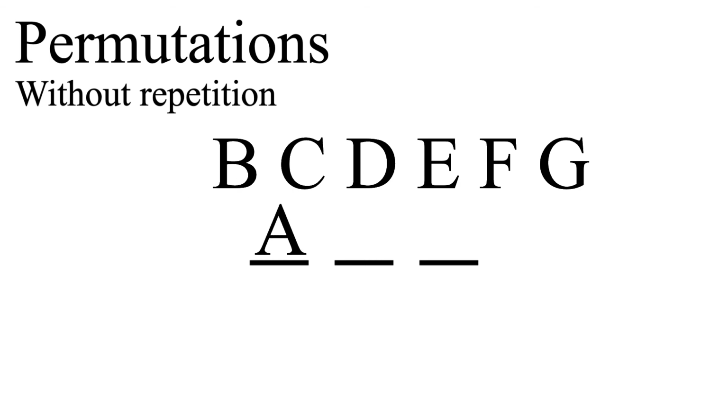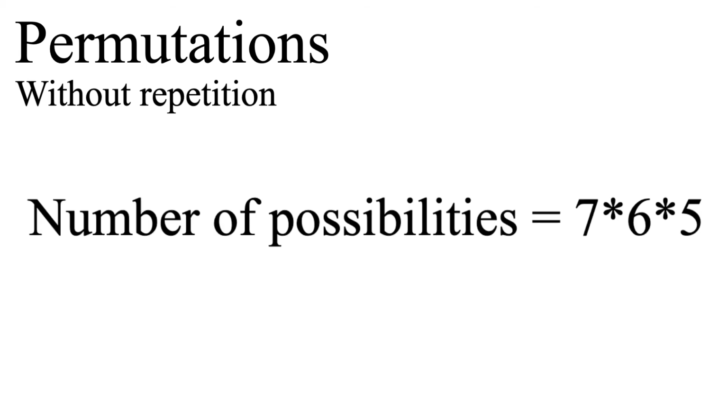The second space can be filled in 6 ways because 1 letter is already being used in the first space. The third space can then be filled in 5 ways since 2 letters are being used in the first and second spaces. So, the number of ways of arranging 3 letters from 7 letters is 7 times 6 times 5, which is 210. The different arrangements of the letters are called permutations.